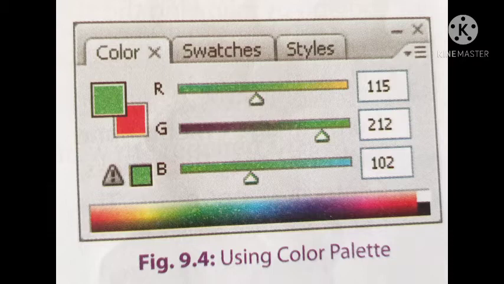You will see 3 sliders: R for red, G for green and B for blue on this palette. To define the foreground color, click and drag the sliders. To define the background color, first click on the background icon and then drag the sliders.